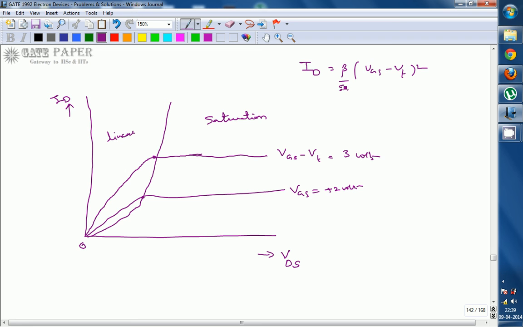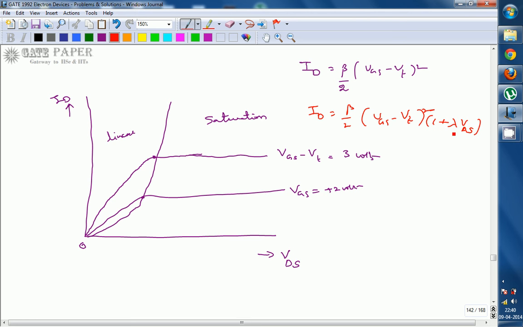In the saturation region, drain current doesn't depend on VDS, it only depends on the effective gate voltage. So beta by 2 into VGS minus VT whole square, when channel length modulation is neglected. If channel length modulation is considered, it also depends on VDS. So ID is equal to beta by 2 into VGS minus VT whole square into 1 plus lambda VDS.